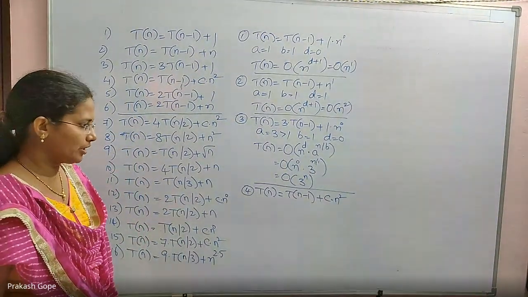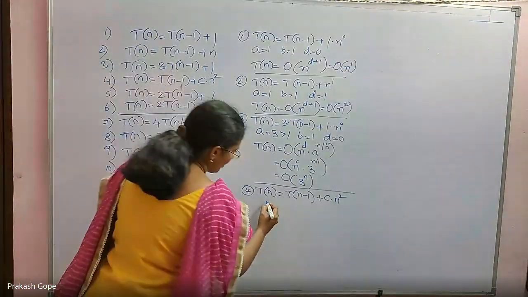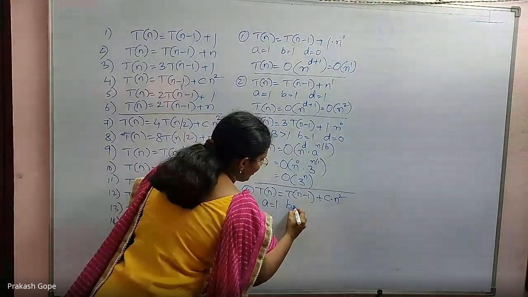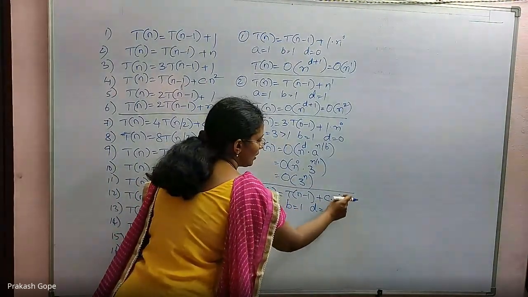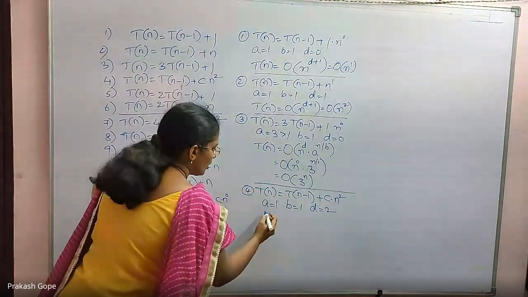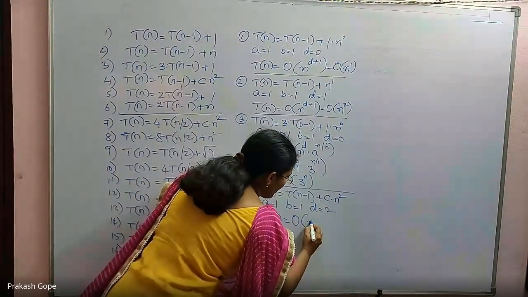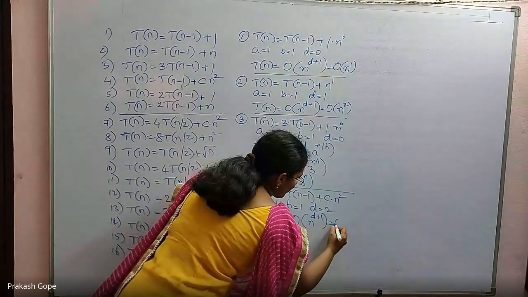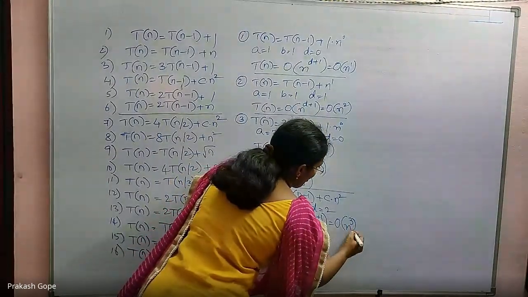You must remember the theorem. Then only you can solve all these questions as fast as you can. A equal to 1, b is n minus b, so b is 1, d is n power d, d is 2. So a equal to 1 case again, T of n is equal to big O of n power d plus 1. Big O of n power d, d is 2. 2 plus 1 is 3. So big O of n cube.